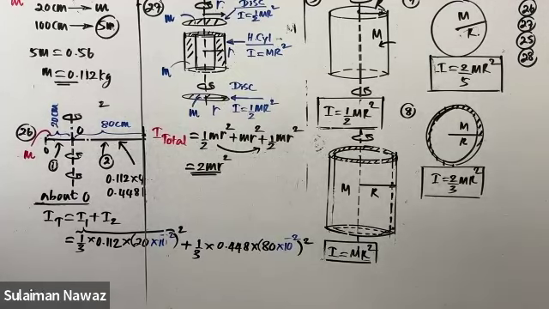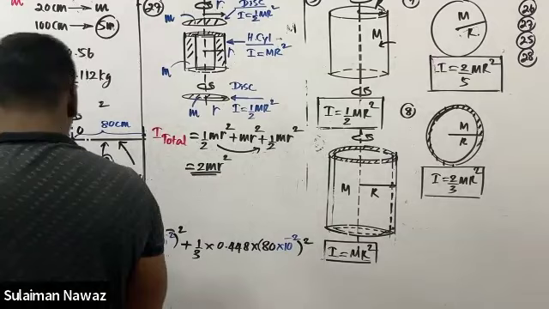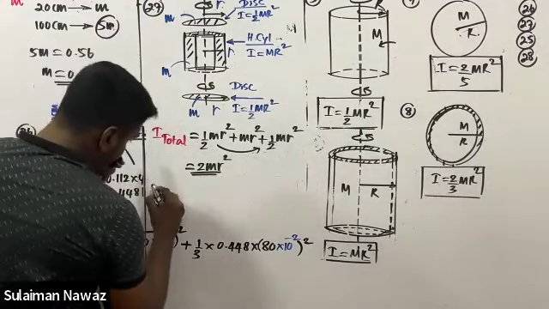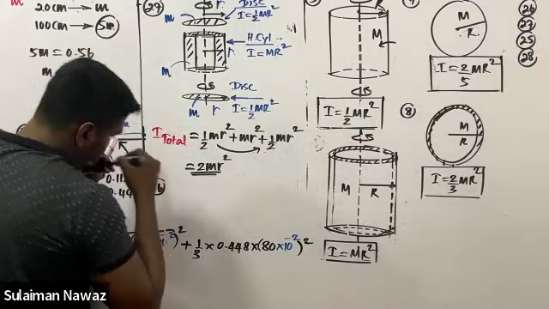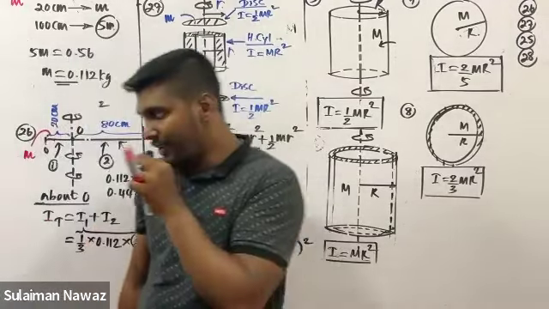Okay, that's a good question. Rectangular wooden frame, four small spheres, mass capital M, at the vertices, length simple a. It's a good question. Question number 26. For your understanding, I will draw the diagram.